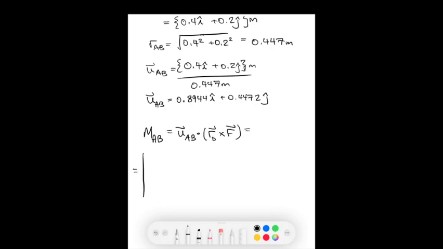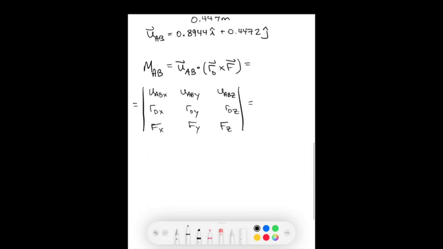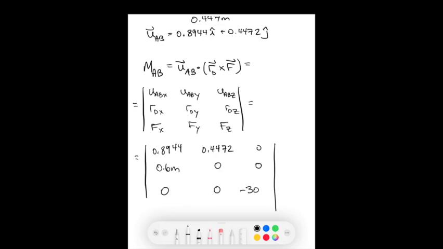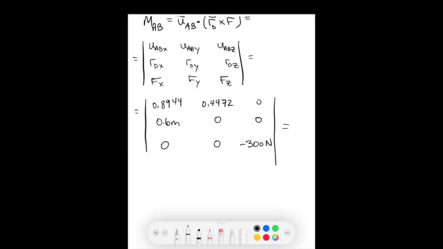The determinant, we put the unit vector x, y, z, our RD, and our force. And we plug in the values that we have. And we follow our determinant rules.